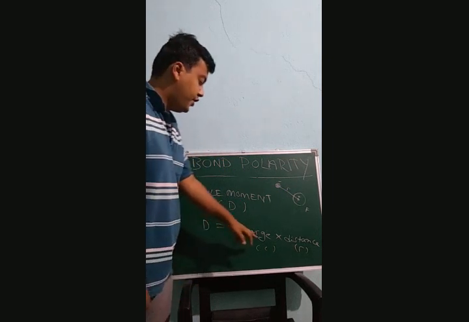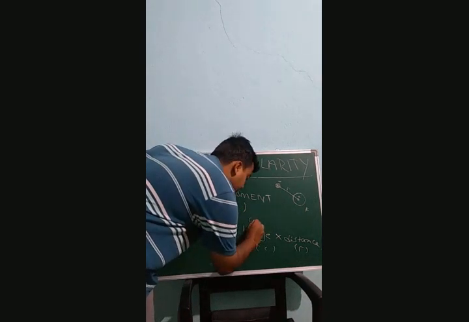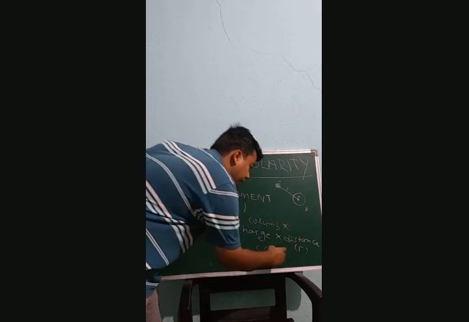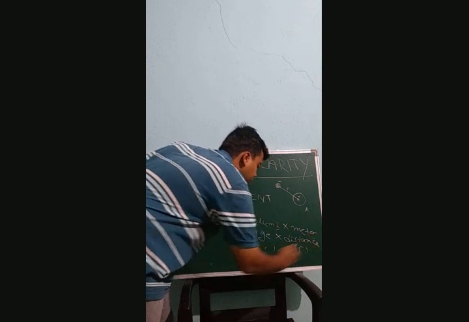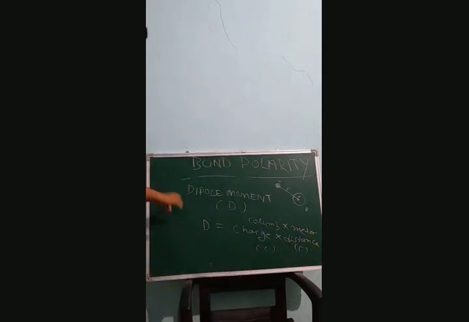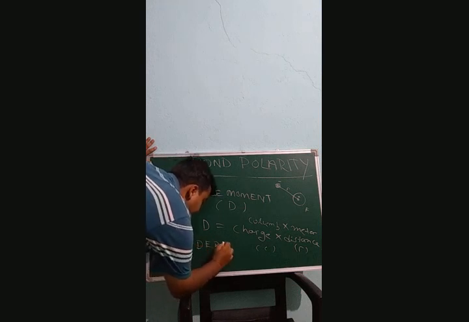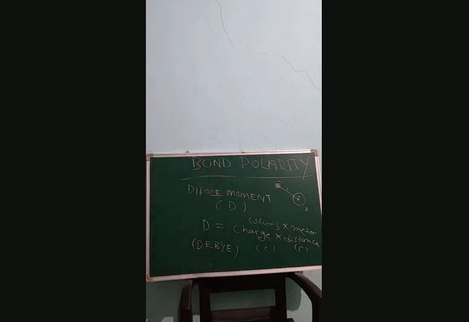The unit for charge is coulomb, and the unit of distance is meter. So the unit for dipole moment is coulomb meter. It is also represented in the unit of Debye.